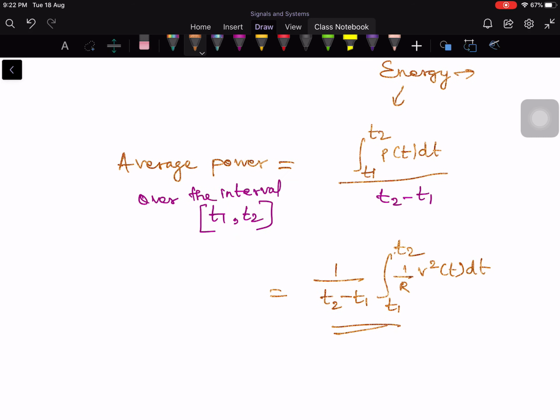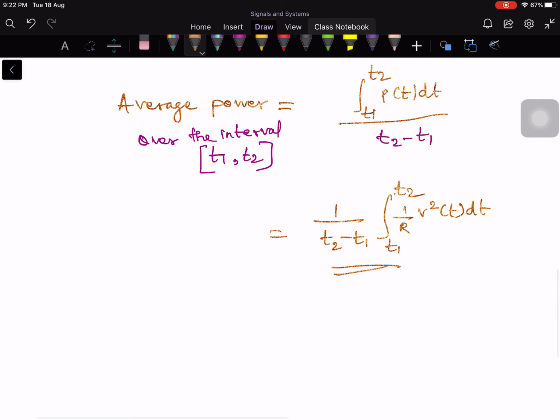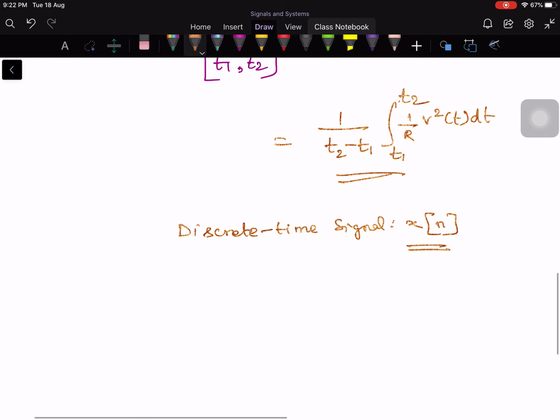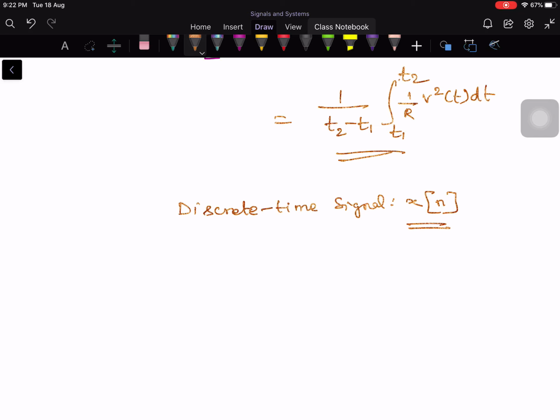The same kind of thing we can extend to the discrete time signal also. As I said, a discrete time signal is denoted within square brackets like this, x of n. We will frequently find a convenient notation for a complex signal.